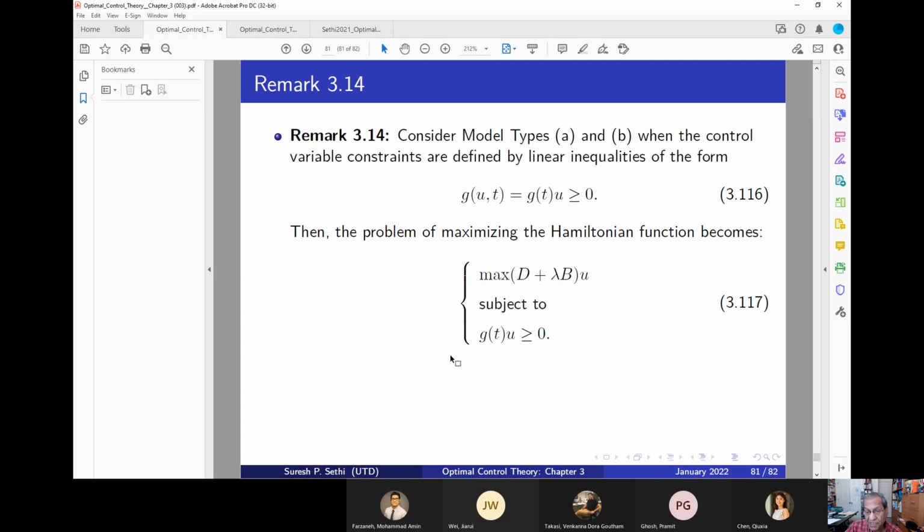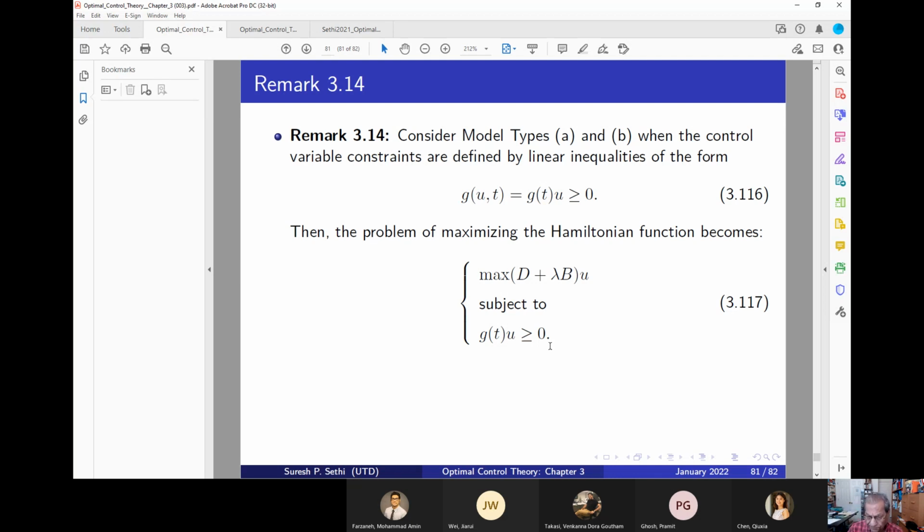So this is nothing but a linear programming problem: maximize CU subject to AU bigger than or equal to 0. The bang solution means that in a linear programming problem, this constraint is what's called a simplex. And the simplex is like this. Your solution goes from one corner point to another corner point to another.